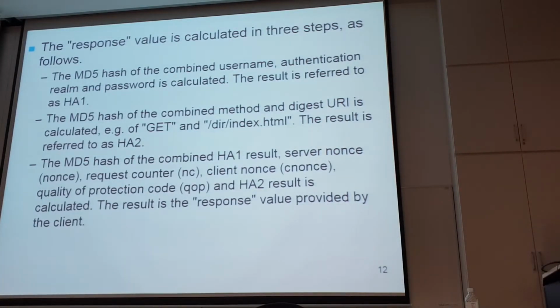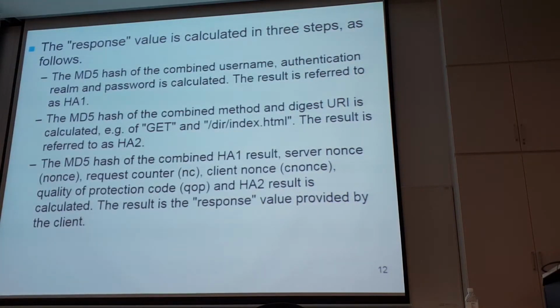The mechanism we use is the so-called challenge response. Every time, similar to the client puzzle or the CAPTCHA, the server will send a challenge. You need to use your credential, for example the hash of the password, to solve this challenge and generate a response. This is to prevent a replay attack.